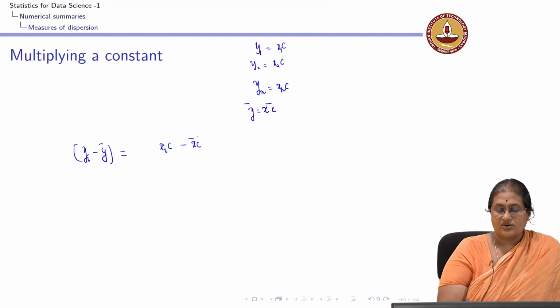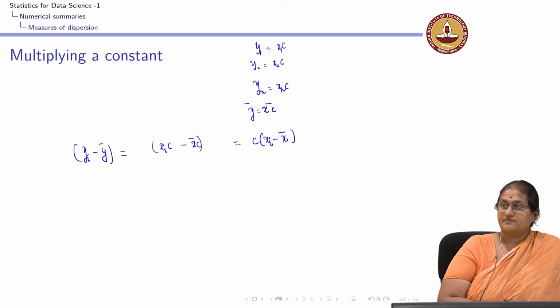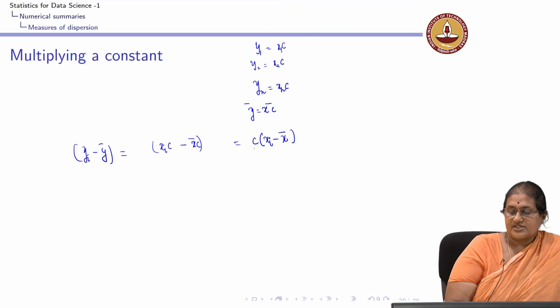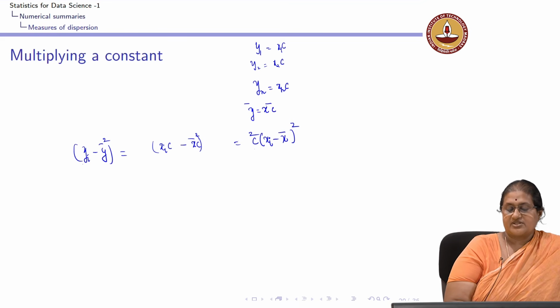I can get the constant outside, so I can write this as constant times xi minus x bar. I repeat, for every i, yi minus y bar is the same as c times xi minus x bar. So, square is going to be c square times xi minus x bar whole square.